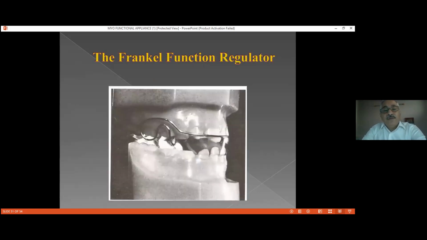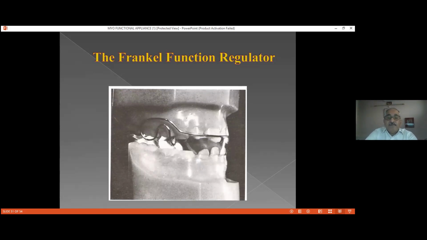Now, lastly, we are going to come to the functional regulator appliance. This functional regulator appliance, or FR appliance, creates a periosteal pull in the overall region and in the buccal segment, and brings about the expansion of the arches by means of pulling of the buccinator muscle, bringing about the change in the whole arch.